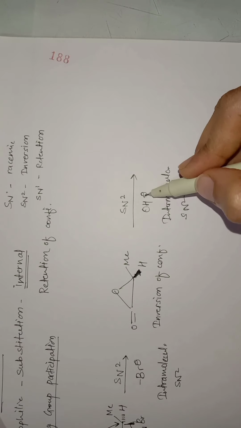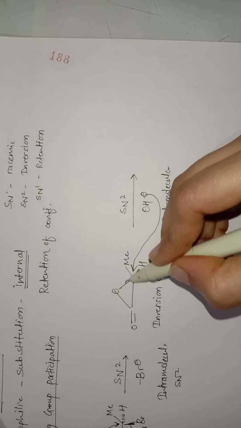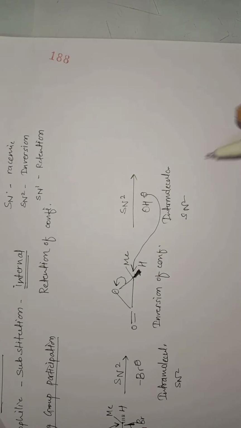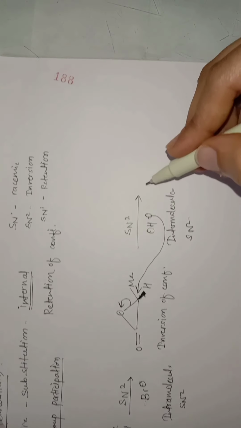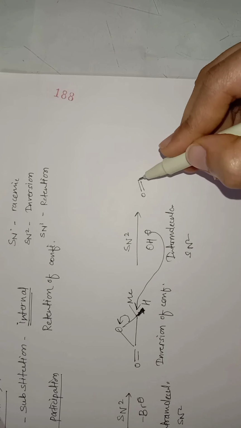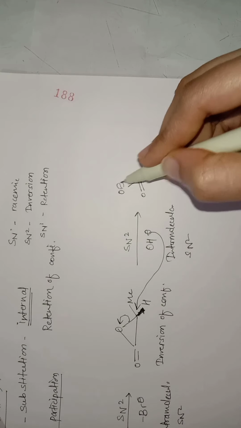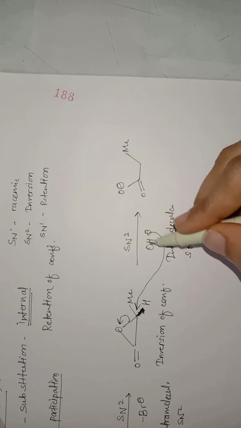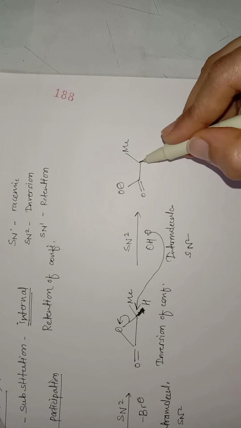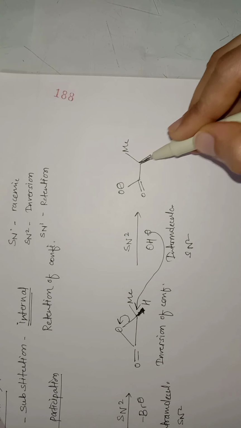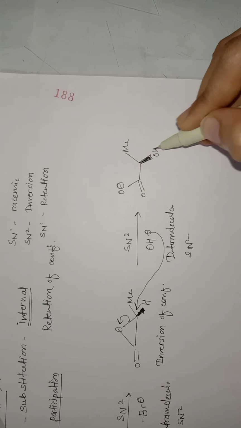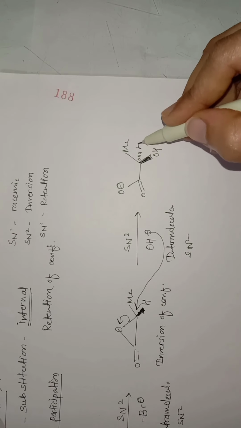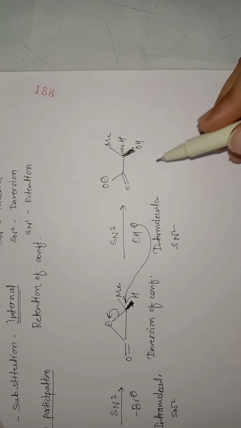Now this attack will take place from this side, and these electrons will be shifted onto this oxygen. So it will give you a structure with Me as it is, and here is the substitution of this OH. So you can see this OH comes towards the observer, and this hydrogen goes away from the observer.